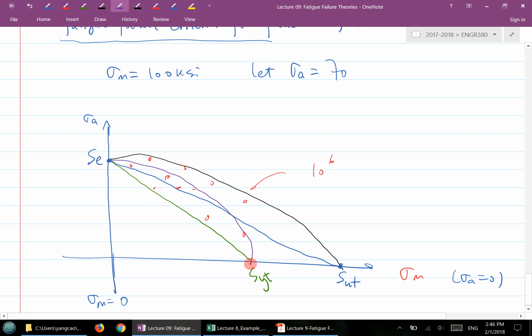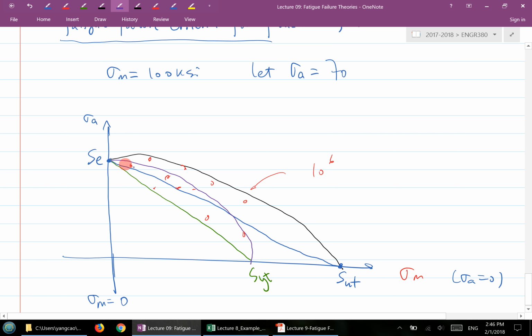So each one of the lines here is a boundary separating infinite life from finite life. Let's see, if I use this blue line here, below the line, how many cycles of life? Infinite. Beyond that, it would be finite life.